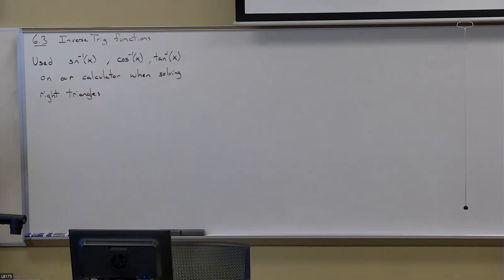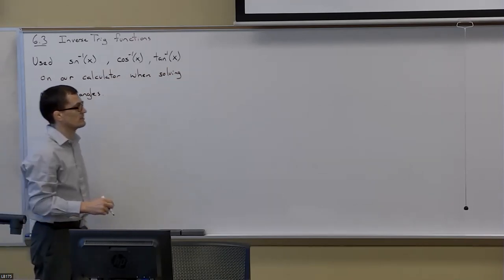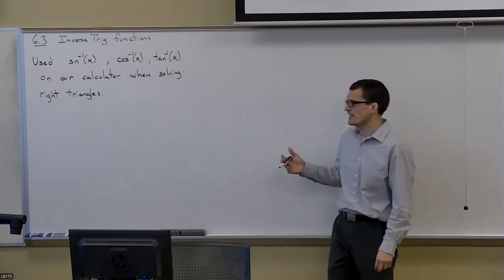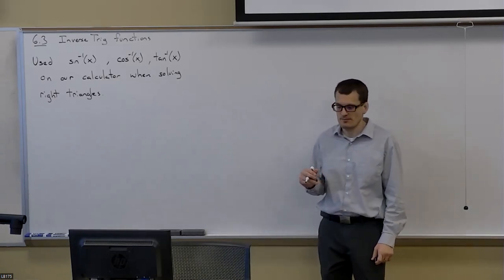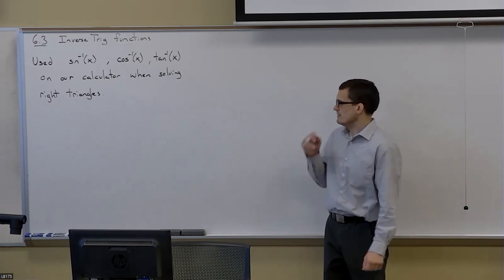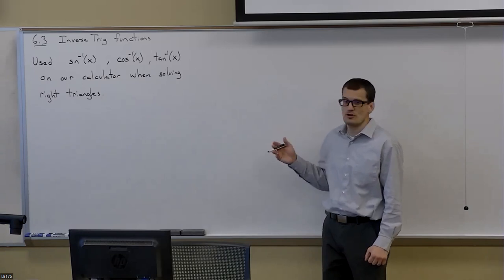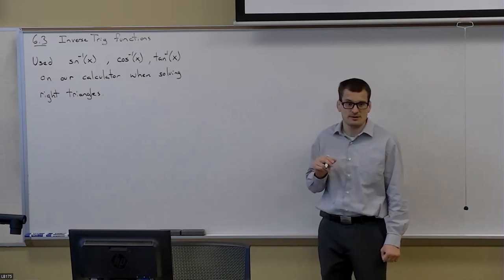So when we're solving right triangles, we had sine of some angle is equal to a ratio, some other number, and then we could figure out what the angle is. Okay. So we should be fairly comfortable with putting those out there.